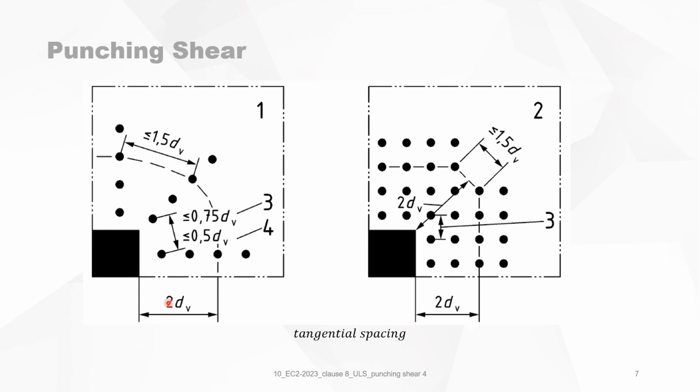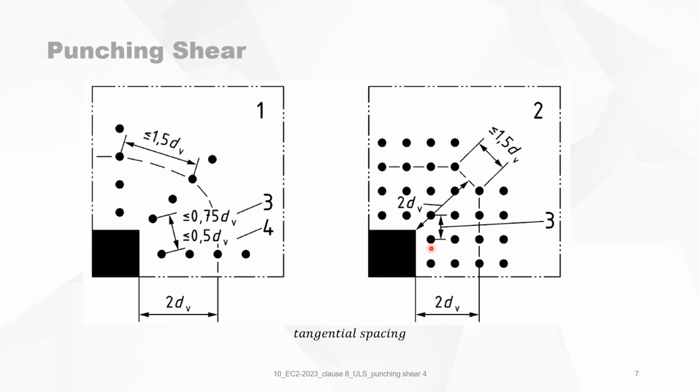For the radial, you have two zones: inside 2 dV and outside 2 dV. Outside 2 dV, the tangential spacing must be smaller than 1.5 dV. Inside, it must be smaller than 0.5 dV.